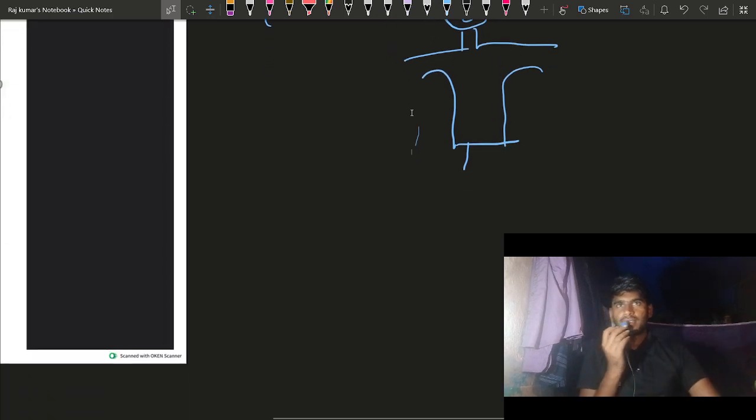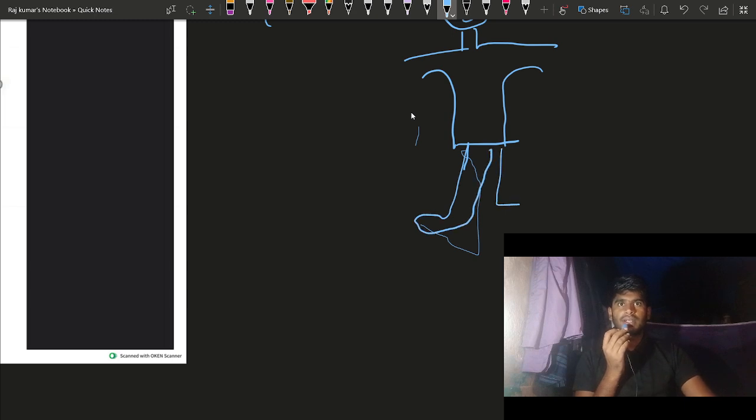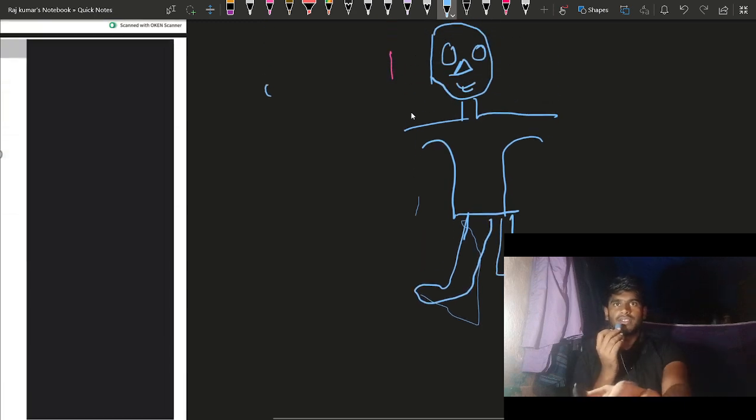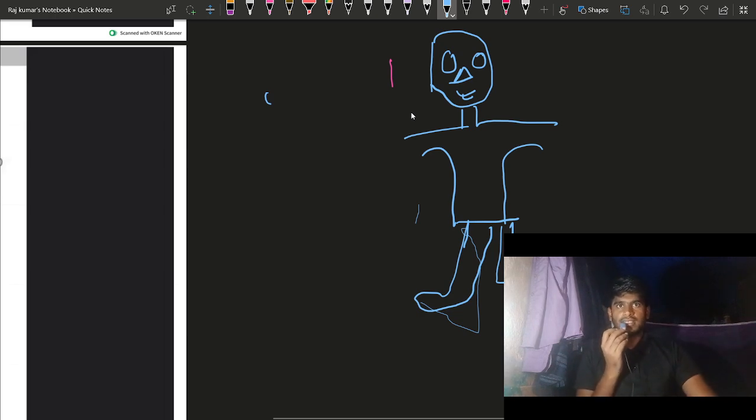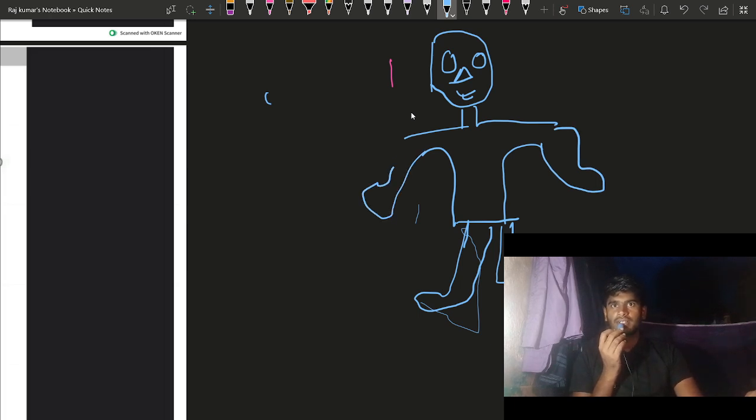See, this part, and this is a leg part, and this is hand, and this is also hand.